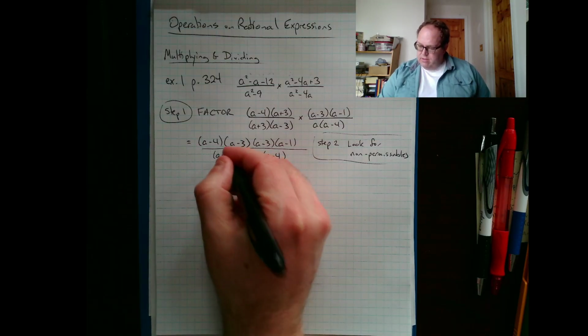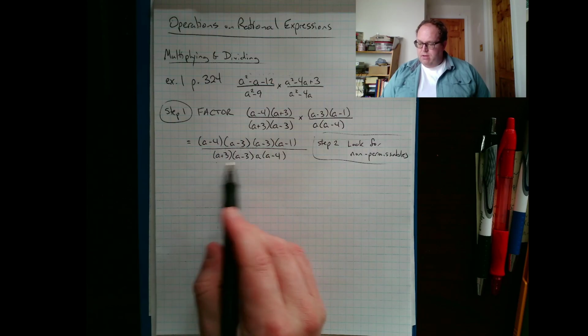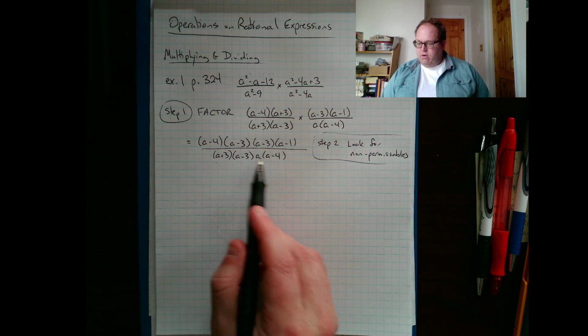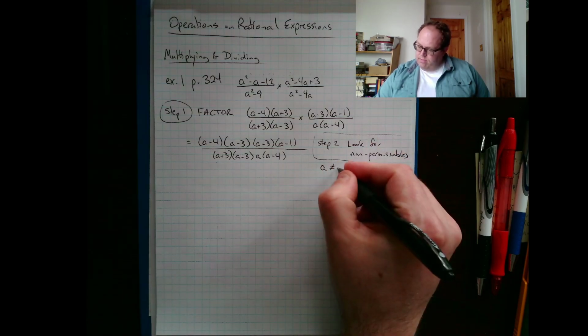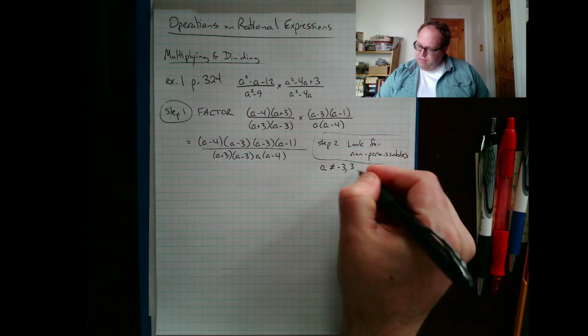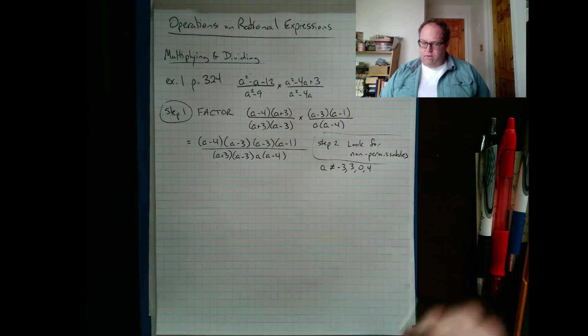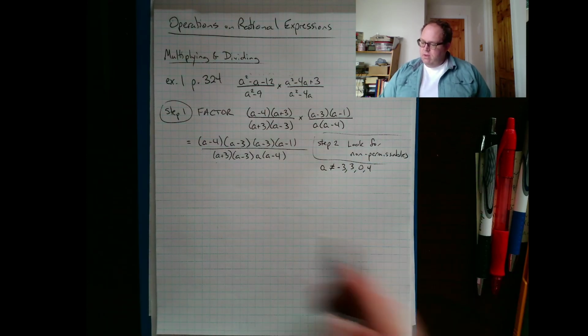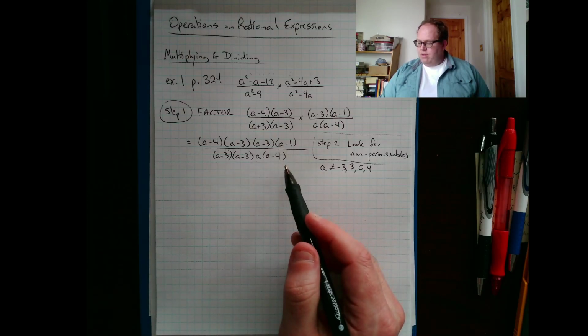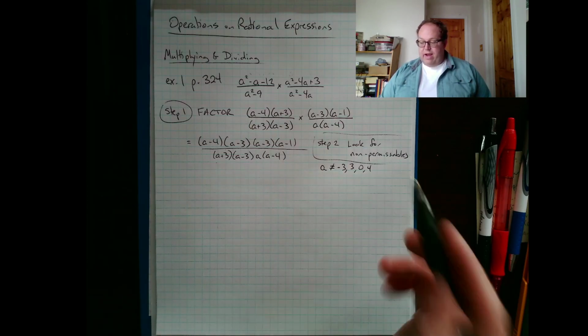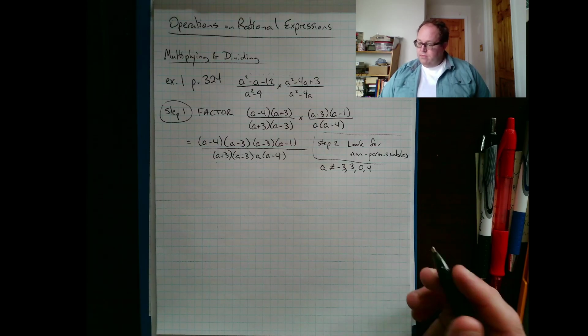And in this case, that would be negative 3, positive 3, 0, or 4. So a cannot equal negative 3, positive 3, 0, or 4. I like to find those at this point, because if you start canceling things out, then you start to lose track of where your non-permissible values are.